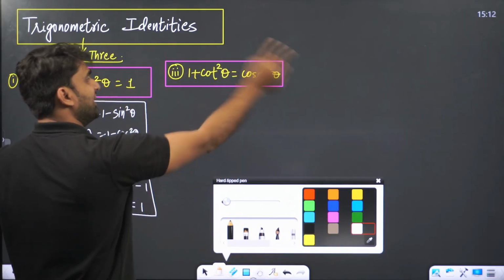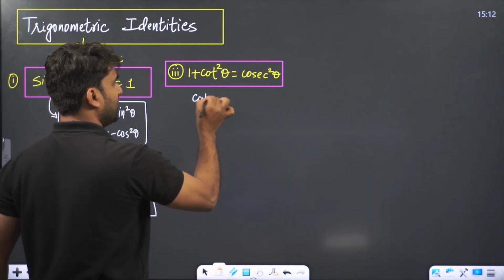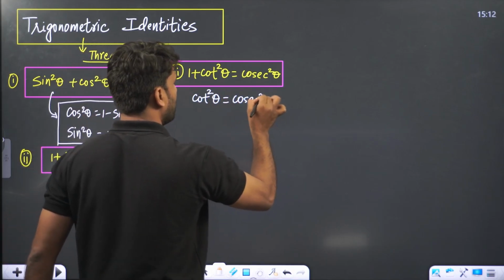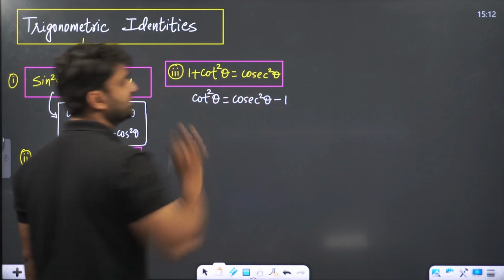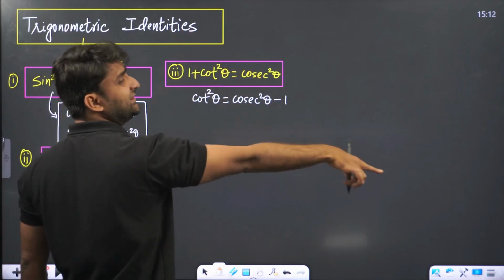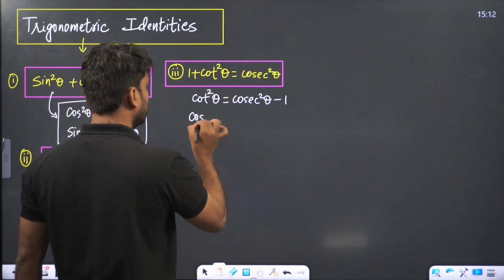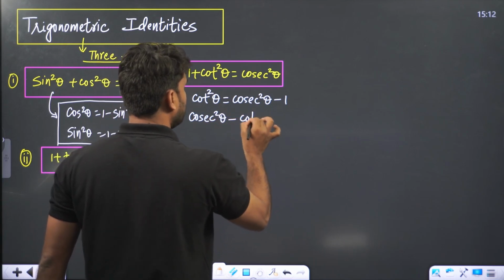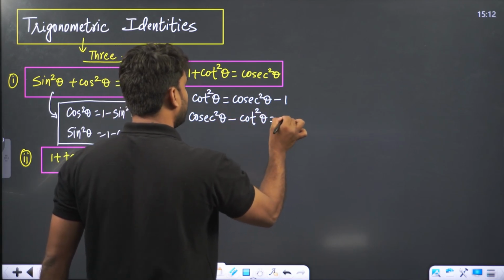Shift this one that side. So cot square theta is equal to cosec square theta minus 1. Now shift cot square theta that side. So basically the second form, cosec square theta minus cot square theta, can be replaced by 1.